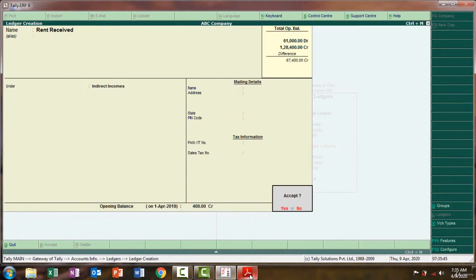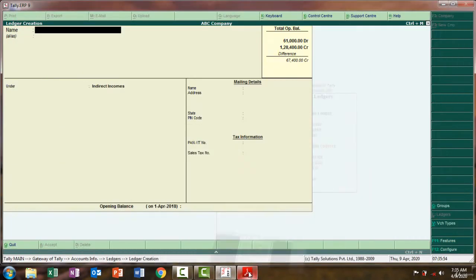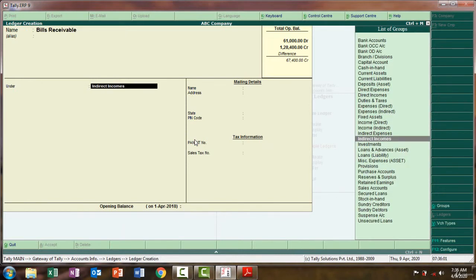Yes. The next one is bills receivable. It is one of the assets. So I'm going to choose bills receivable. It's a current asset, so I'm going to choose current assets.